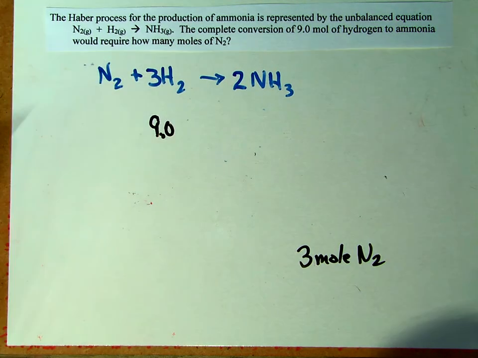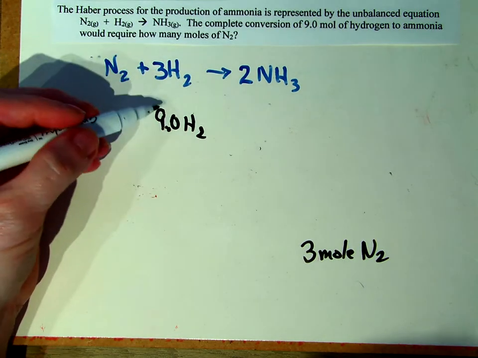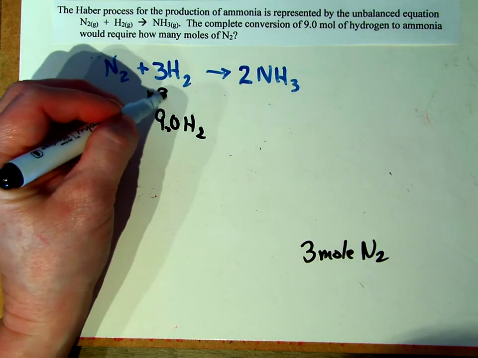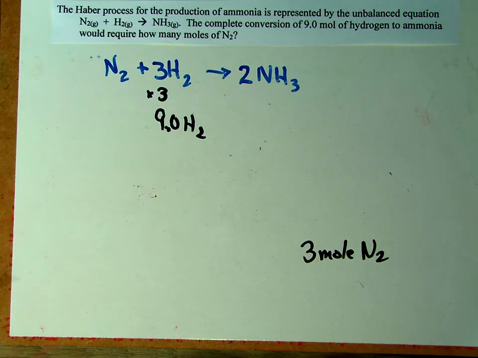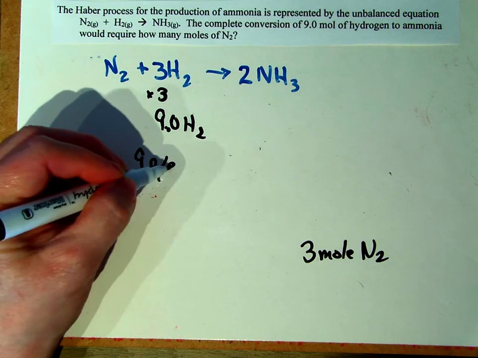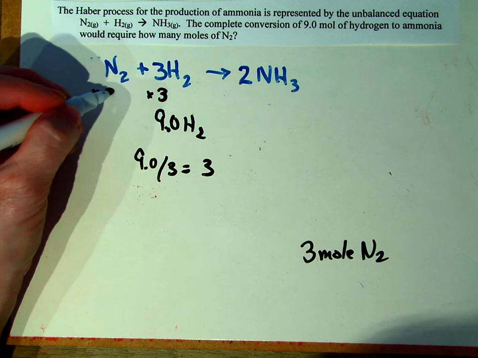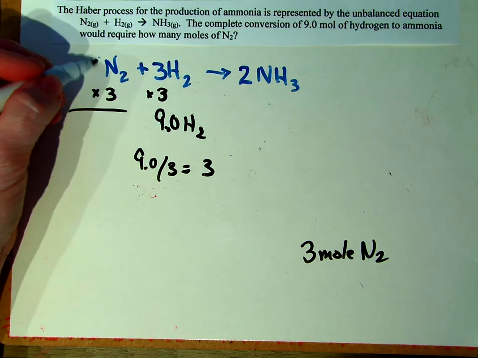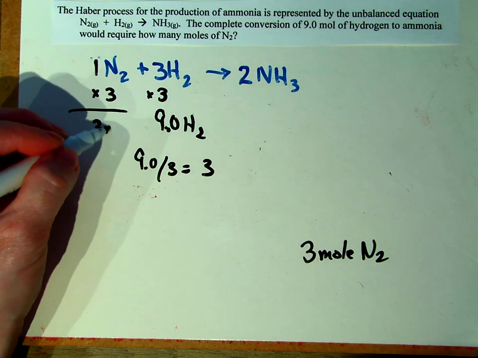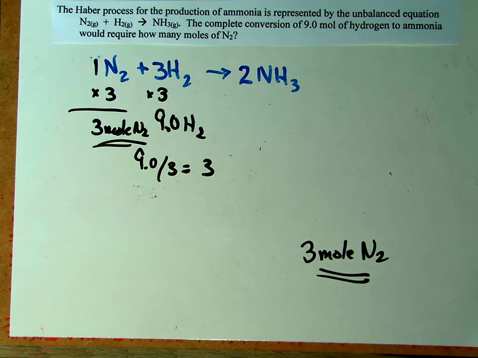So we want to have 9 moles of hydrogen here. Now, to get from 3 to 9, that means we need a multiplier of 3, because 9 divided by 3 equals 3. So our multiplier is 3. So if we use our multiplier of 3 times our nitrogen, we come up with 3 moles nitrogen, which is the same thing. All right.